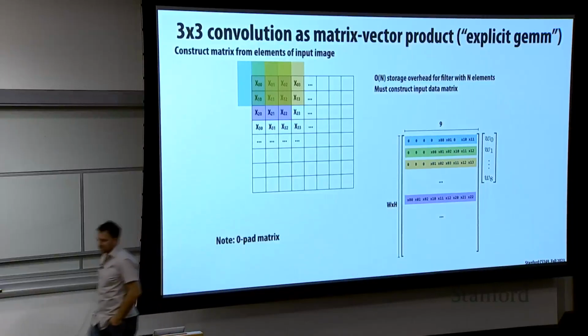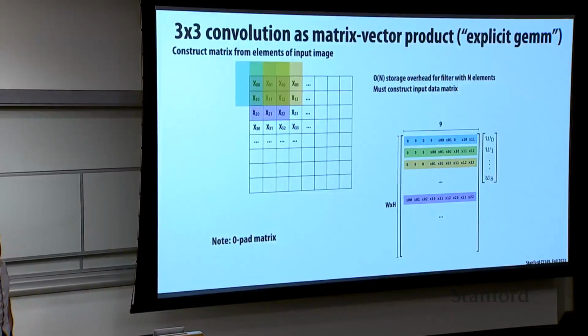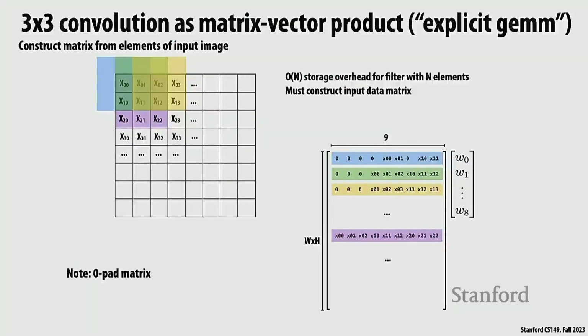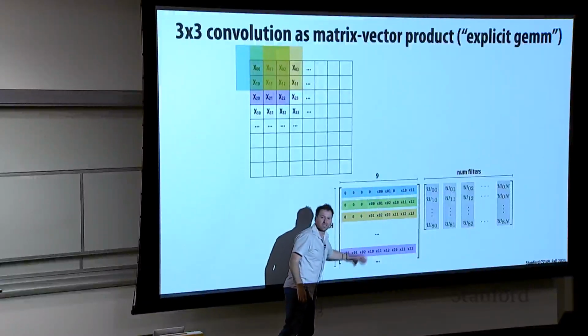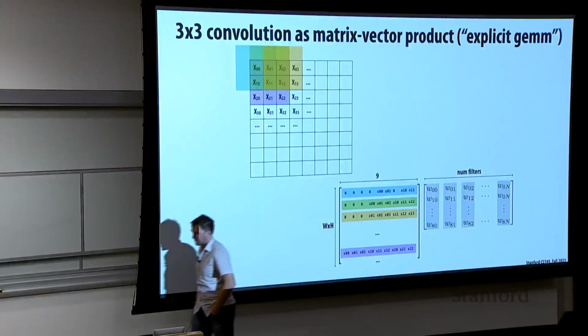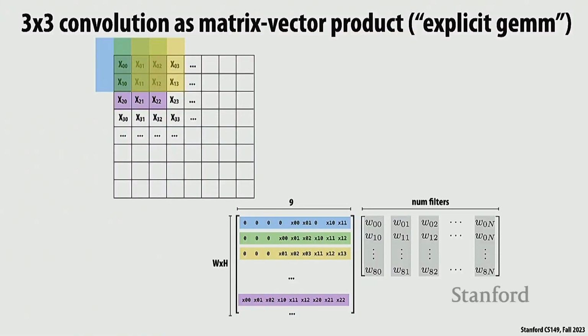If I wanted to do multiple convolutions against the input image at once, I just copy the image into this left-hand side matrix. My weights are just sitting there as a number-of-filters columns. And now I have matrix products. So if you give me a matrix multiplication library, I know how to populate this matrix in order to produce the output.